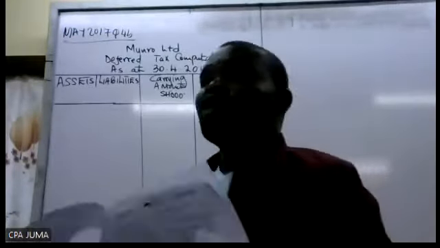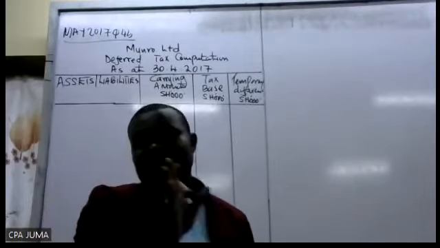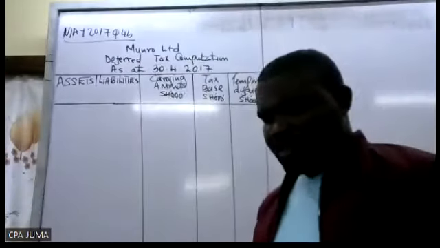So we start. Go to the balance sheet, those items. Rule 1, the balances appearing in the balance sheet are the carrying amounts unless they have said otherwise. So current assets, are you seeing the PPE? Yes, property, plant and equipment.